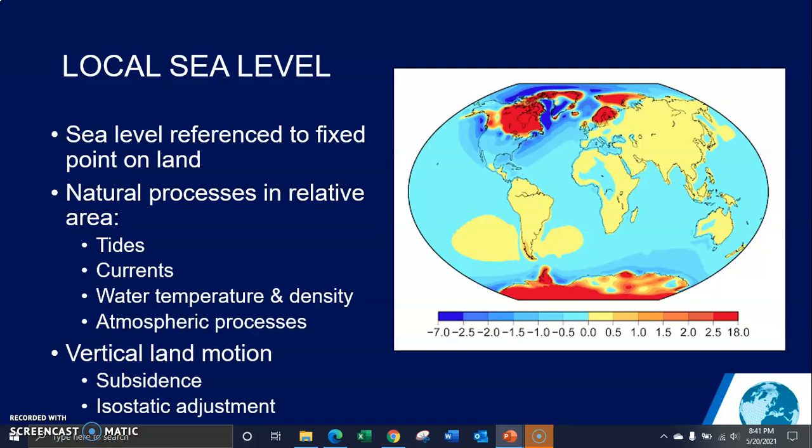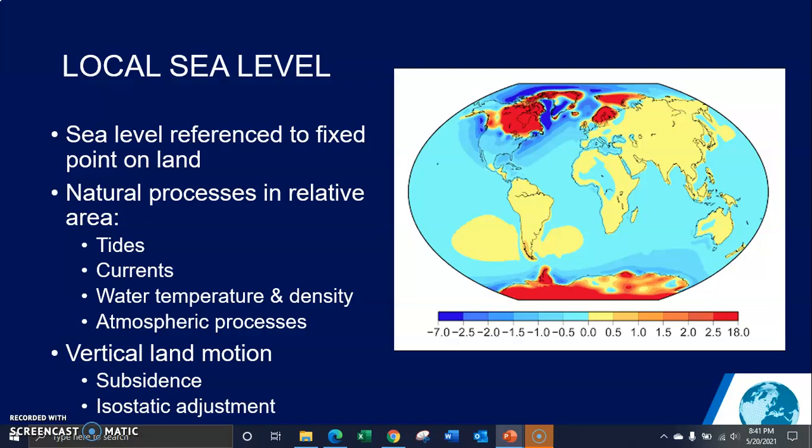Another important thing to take into account here is the vertical land motion, because with local sea level, we're referencing the level of the sea to a fixed point continuously on land. And of course, land itself is not stable. You have continental drift and other tectonic and geologic forces acting on it. What's very important here is the vertical motion.